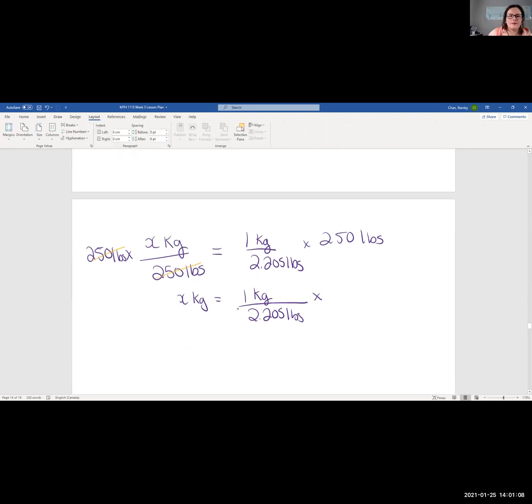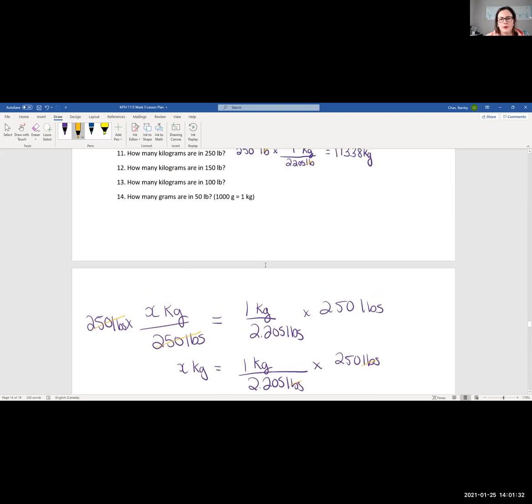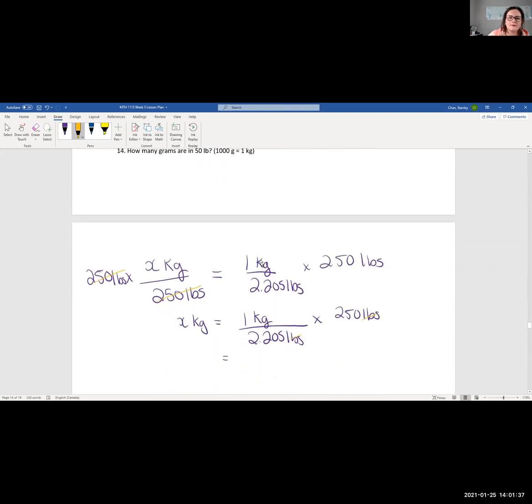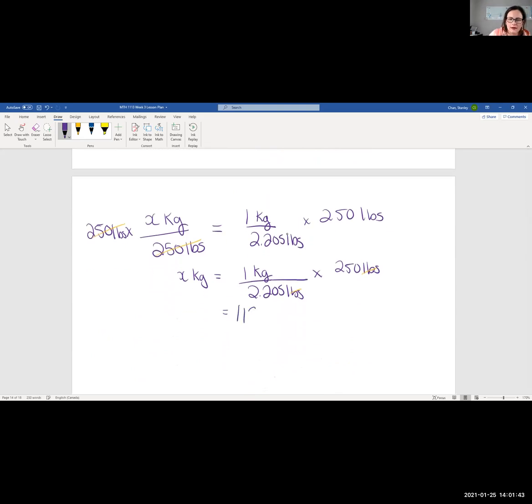And that leaves me with 250. See how now the units are canceling because I have pounds divided by pounds. That cancels out with itself, and what I'm left with is kilograms. So 250 pounds divided by 2.205 gives me 113.38. 113.38, it's kilograms, correct?